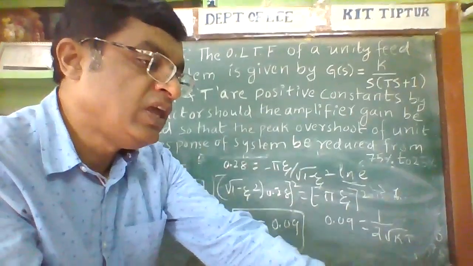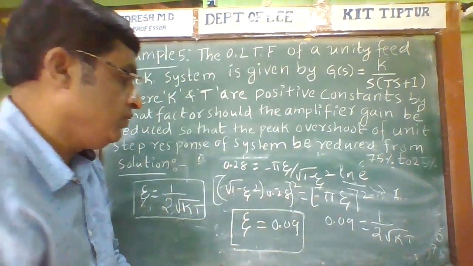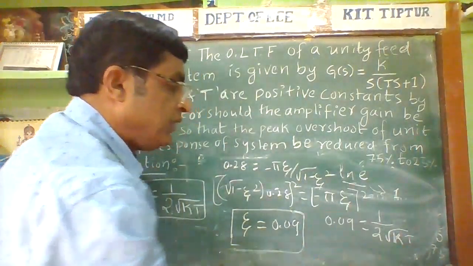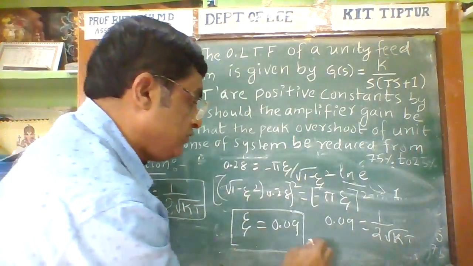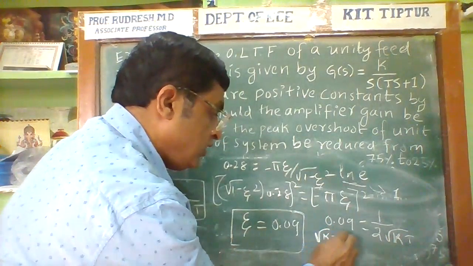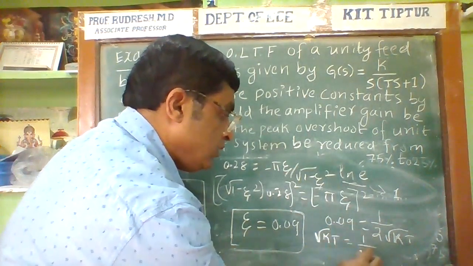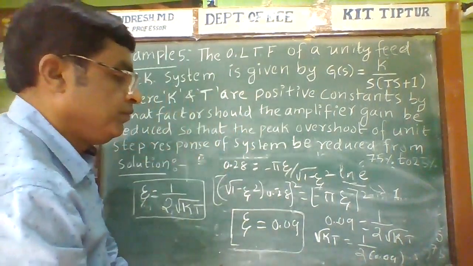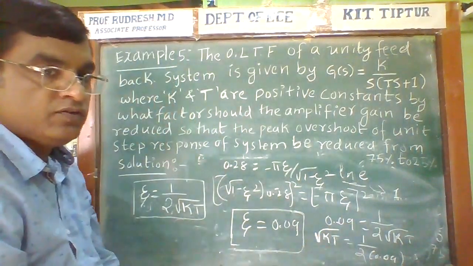Now, what is the k value? Now, if you simplify, now cross multiplication. Cross multiplication, square root of kt is equal to 1 by 2 into 0.09. Now square on both the sides.